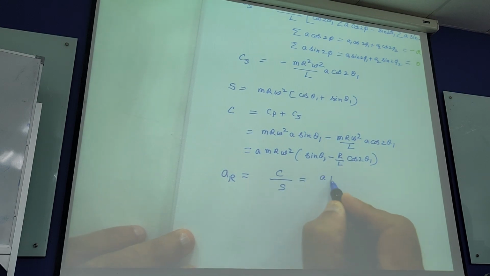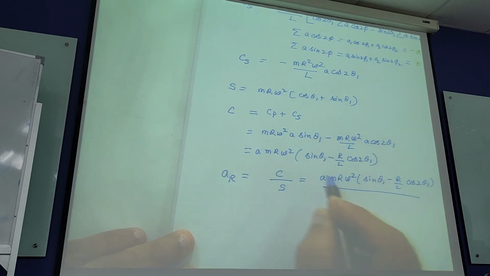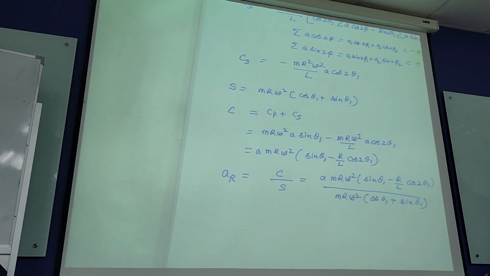The moment is A mr omega square sin theta 1 over the shaking force, mr omega square, so basically you can cancel out mr omega square.